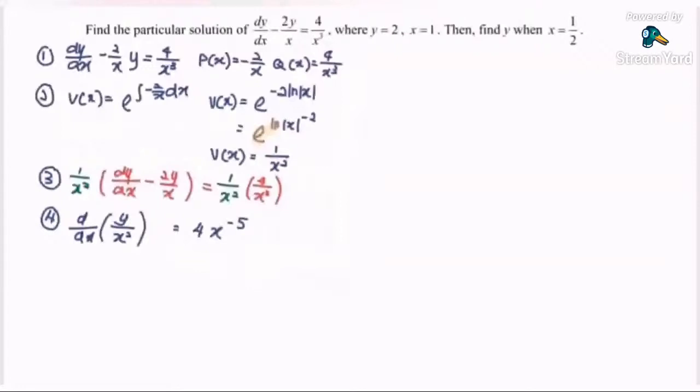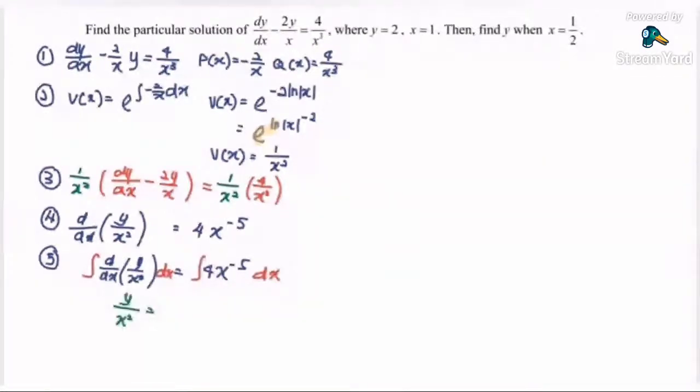Step number 5: integrate both sides with respect to x. And finally, we will obtain y over x squared equals to 4x to the power negative 4 over negative 4 plus c.